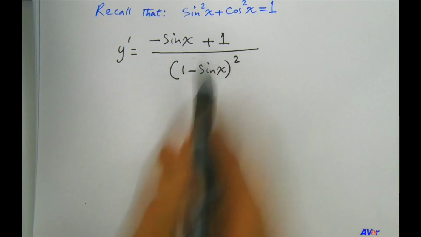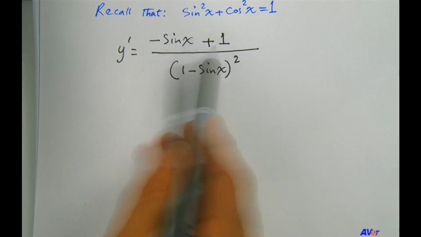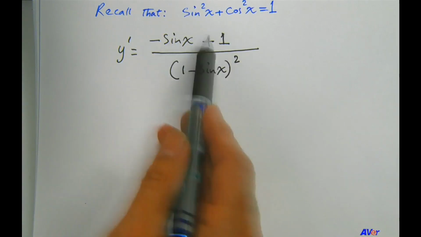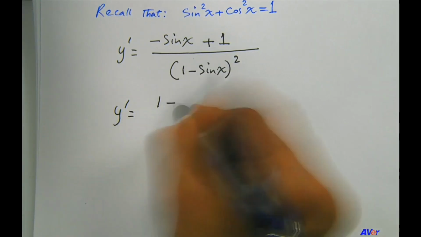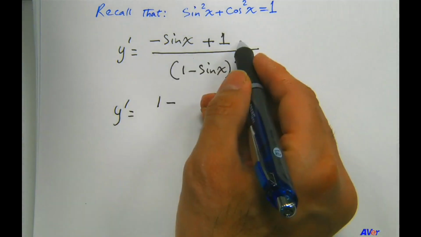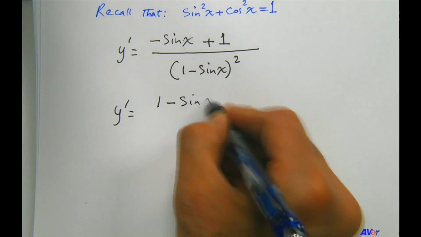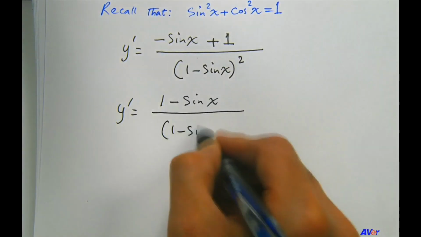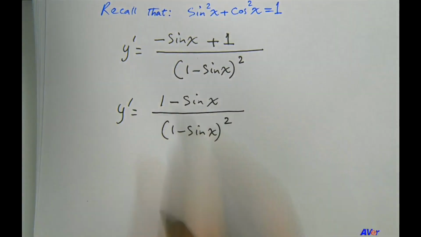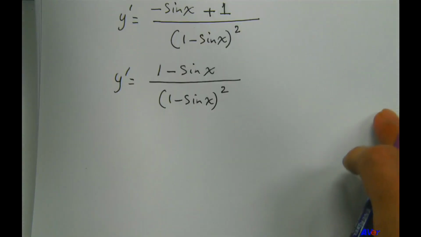And then, of course, visually scan this. If we rewrite it and say instead of minus sine of x plus 1, 1 minus sine of x divided by 1 minus sine of x, all of a sudden you notice that, okay, we can simplify things here even more. So let's do that.